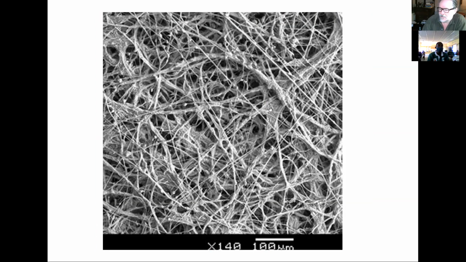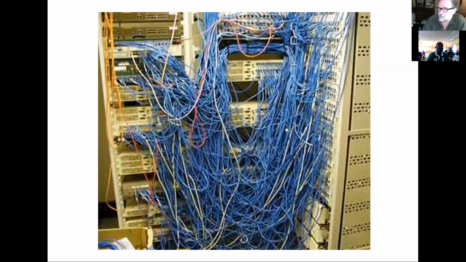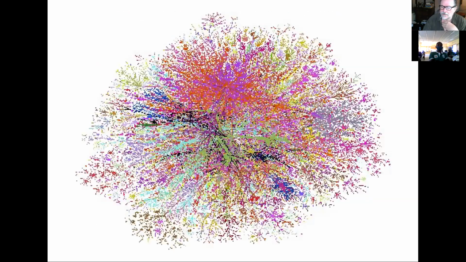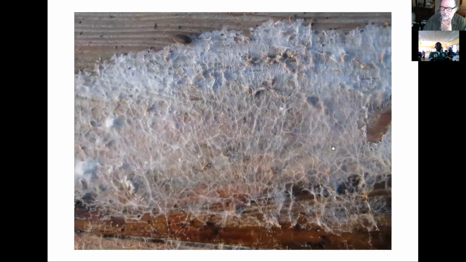Mycelial patterns represent information in some way, in the same way that computer systems represent flows of information, with nodes and hubs. So look, the flow of information, but where there are crossing points, we have servers, like a hub. And then it turns out that happens in mycelium too.